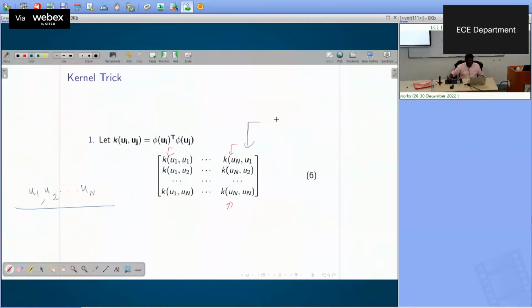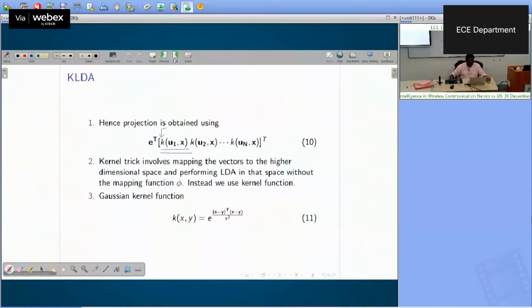The second step is to find the eigenvalues, and the eigenvectors corresponding to the significant eigenvalues. That's all. Those are the only two steps, and those eigenvectors are here. Then it's job over.